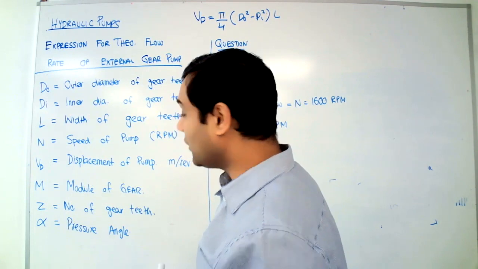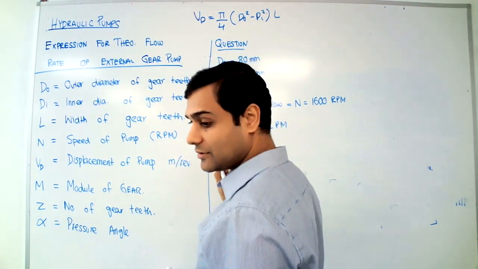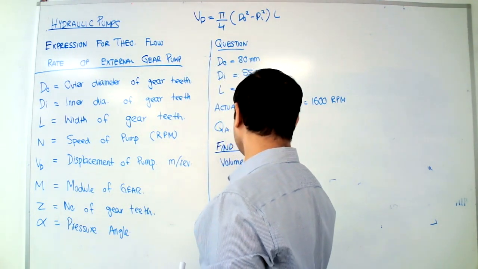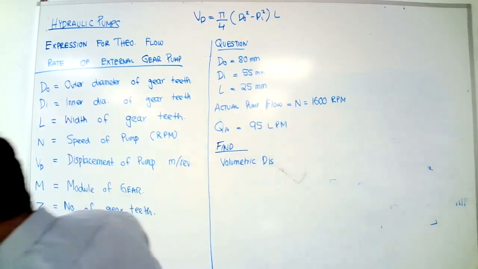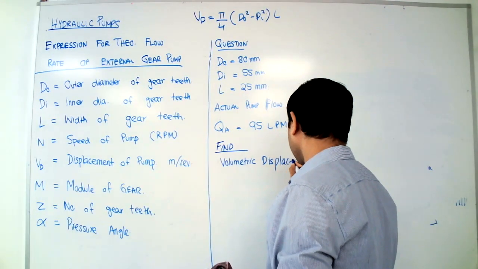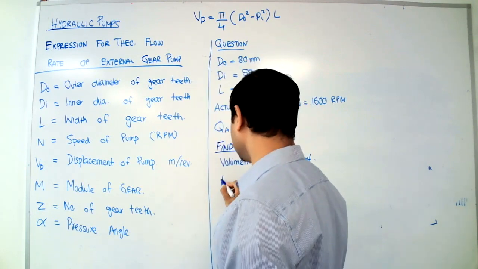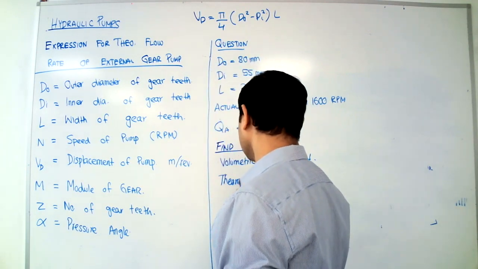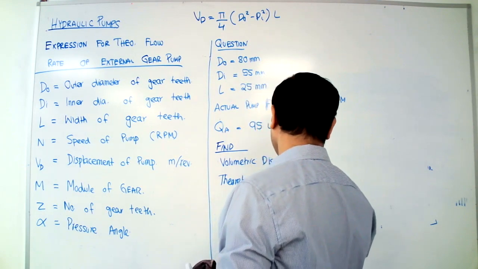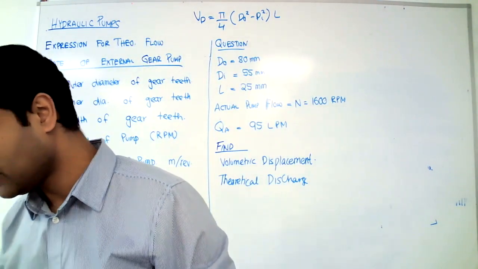So we need to find the volumetric displacement, and we also need to find the theoretical discharge. Now this is the actual pump, so I call it QA. QT is going to be the theoretical one.